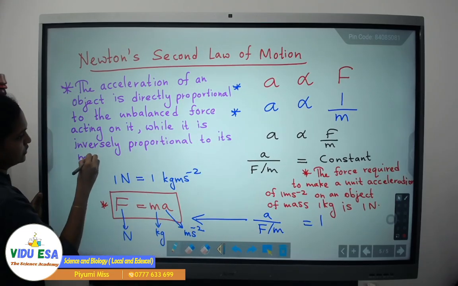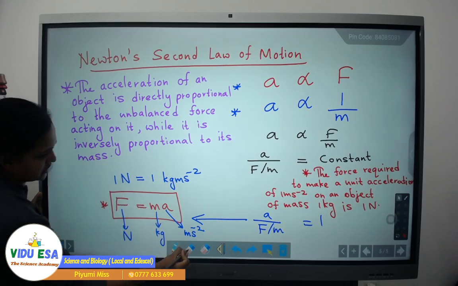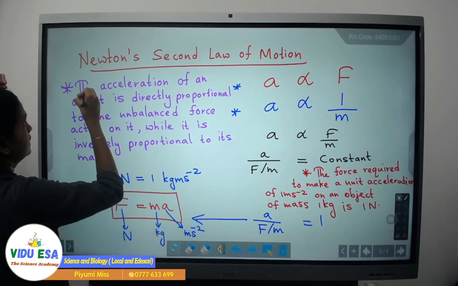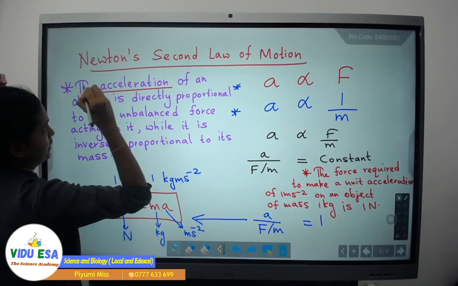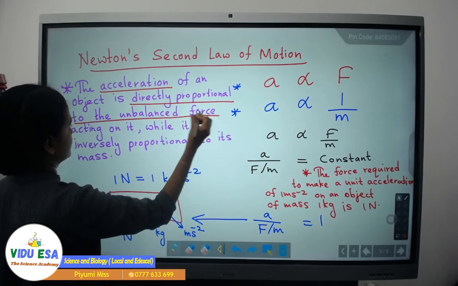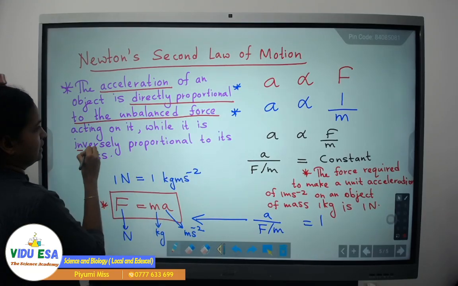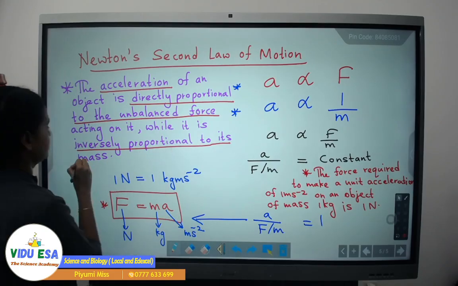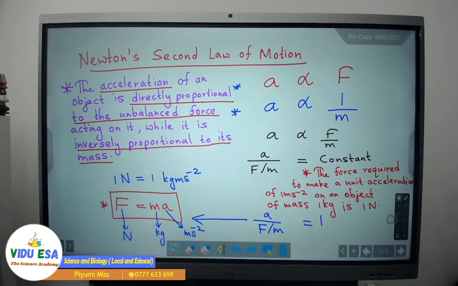So here it talks about the acceleration, right? You can underline this. The acceleration of an object is directly proportional to the unbalanced force, and it is inversely proportional to its mass. Right, this is Newton's second law of motion. Remember the first law as well as the second law.